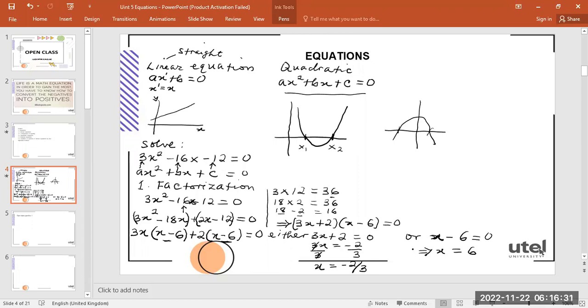And you can always check by substituting x equals minus 3 for x in this expression; when you evaluate it, it should give you 0. The same thing, if you substitute x equals 6 into this equation, you should have the value of 0, meaning that our solution is correct.